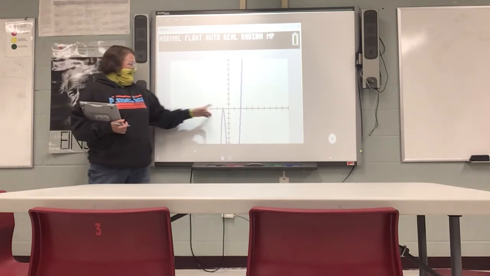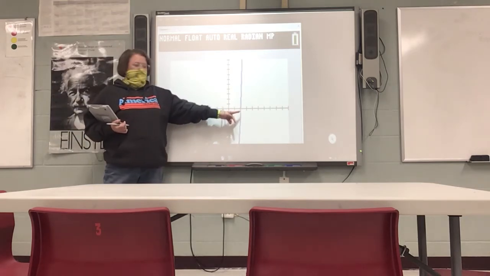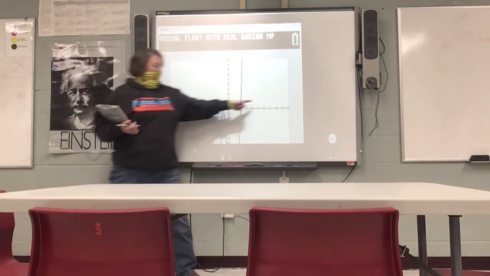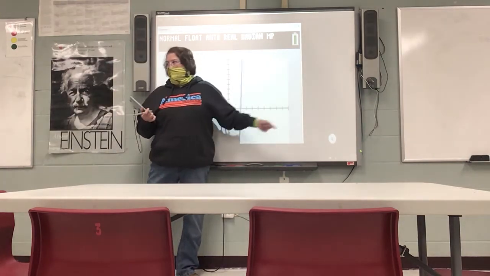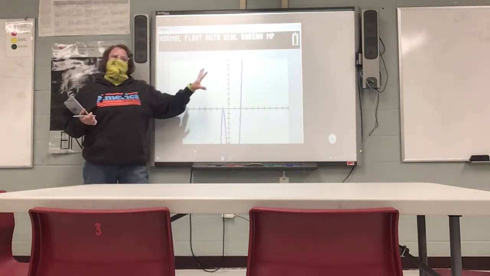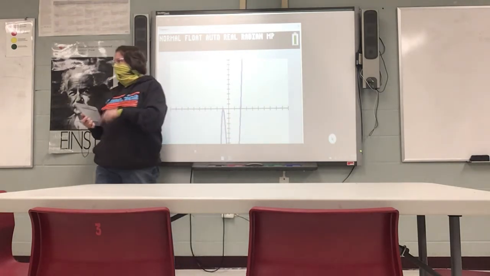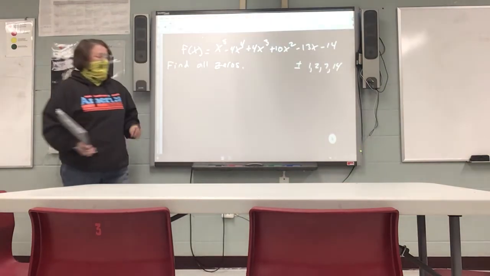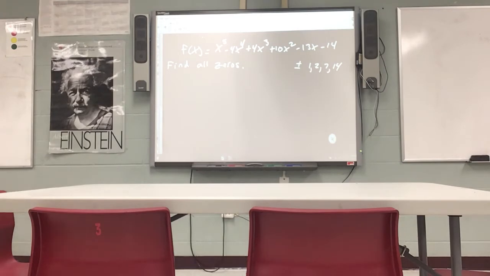So, in my bucket, did I have a 2? Yes. Did I have a -1? Yes. I also had a 7 and a 14. I don't see it crossing anywhere near 7 and 14, so I wouldn't start with those. So all we're doing here is using our technology to help us be smarter number pickers. Does that make sense? Okay, so let's go back and set it up and try one of those that we think it crosses.